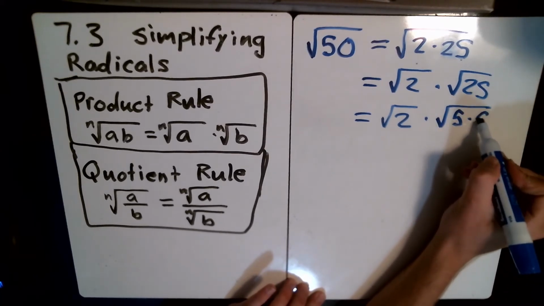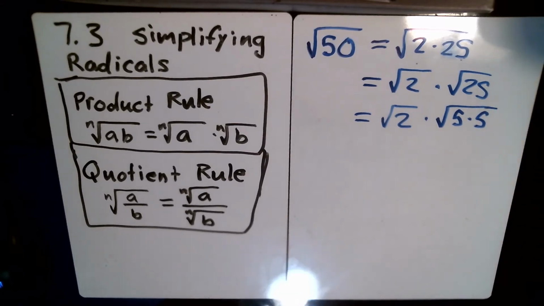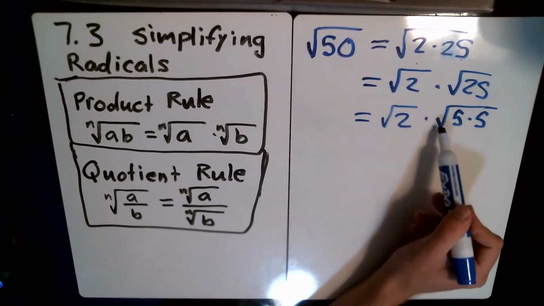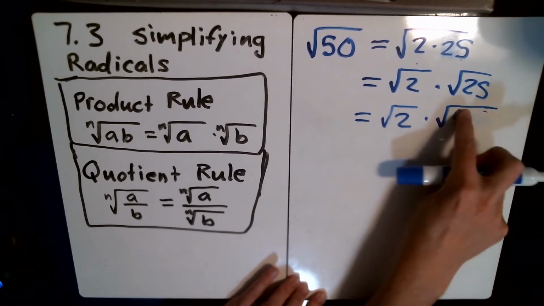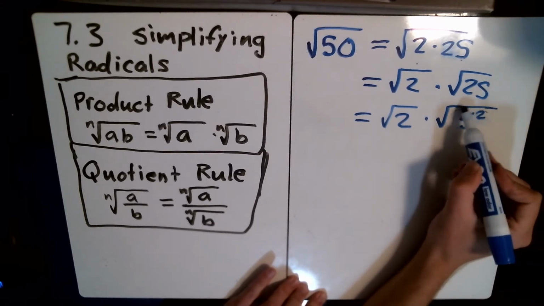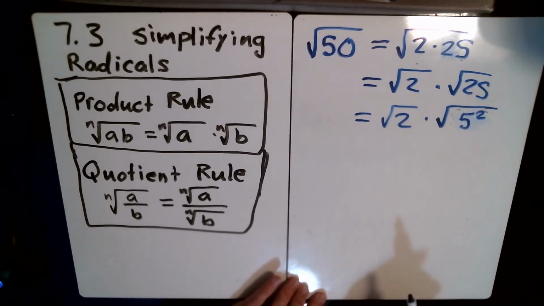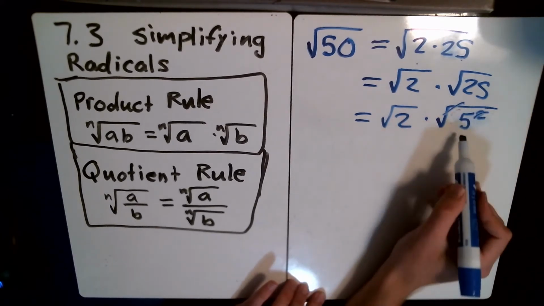It's 5 times 5, or 5 squared, right? And so you're thinking, well, square root undoes a square, right? So if I write this instead of 5 times 5, if I write it as 5 squared, the square root and the square cancel out, right? They undo each other. And so we just get 5 there.